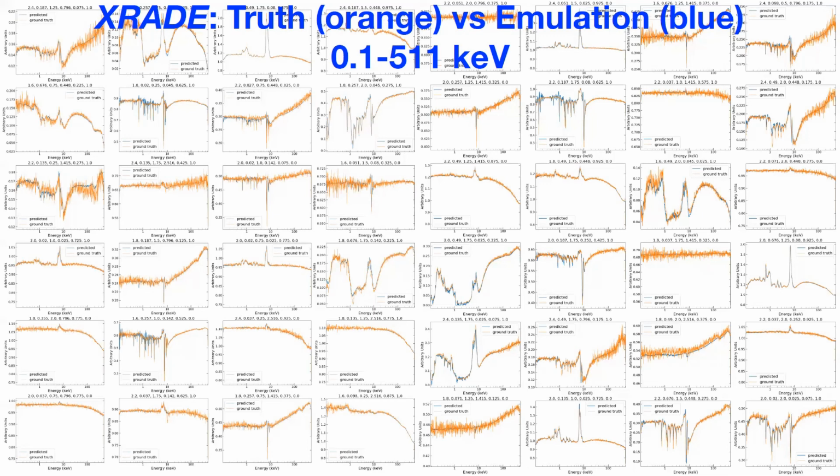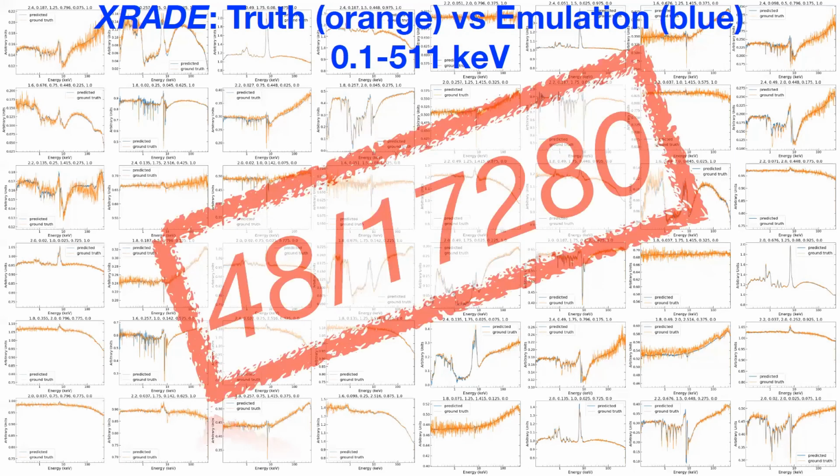It is doing a pretty good job from 0.1 to 511 keV, because we want to include all the physics. These are 48 spectra, randomly picked. I could pick other ones; these are completely random. We found that the accuracy is within 10%.